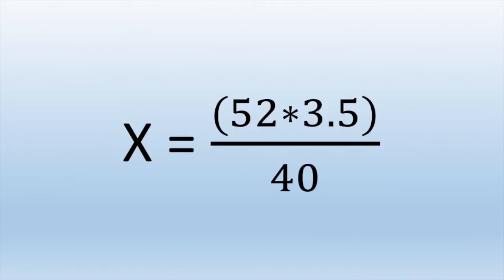If we plug the numbers into the formula, we get this. 52 times 3.5 is 182. Divided by 40, that equals 4.55, indicating that we need to increase our minute volume by just over 1 liter. Changes for this patient might look something like this. Increase the rate from 10 to 12, and increase the tidal volume from 350 to 375. This will give us a new minute volume of 4.5 liters.